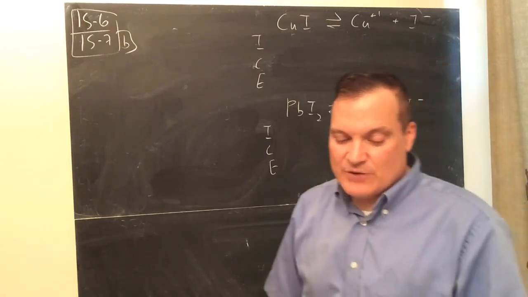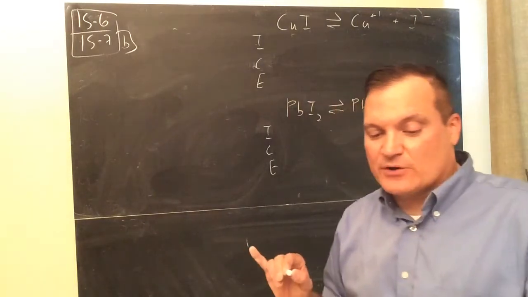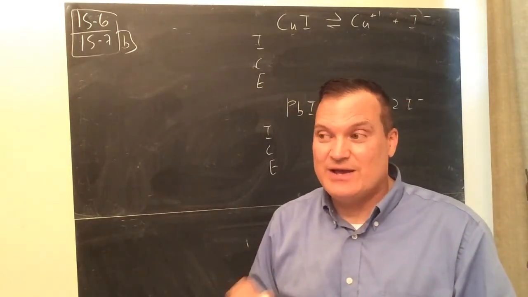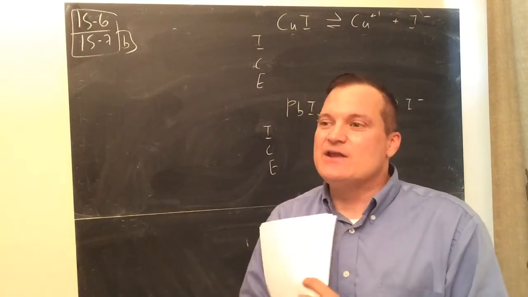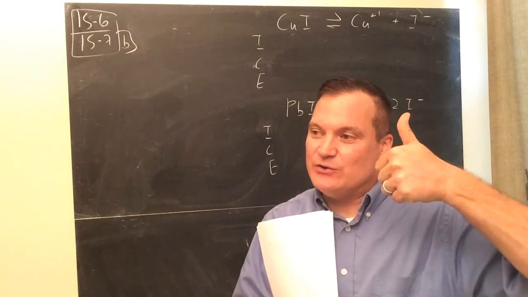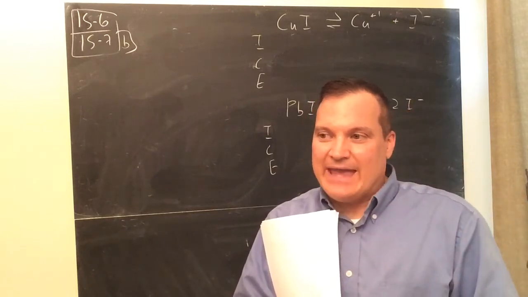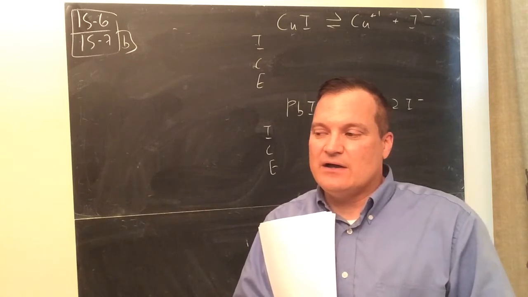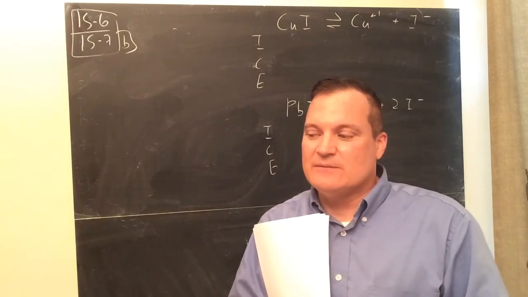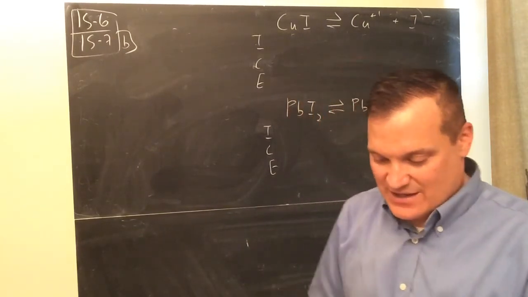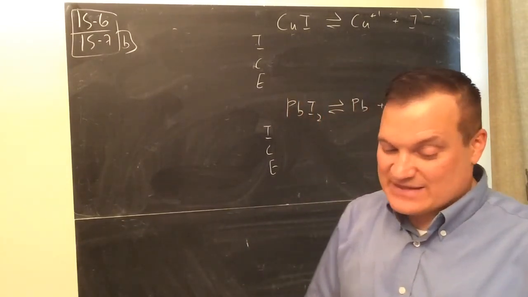Remember I told you a moment ago, if it had been copper 2 iodide, like pretend it was CuI2 and PbI2, then you could look at the numbers and know that the one that is more soluble will have a higher value for the Ksp, and it will precipitate last. But they don't do that.